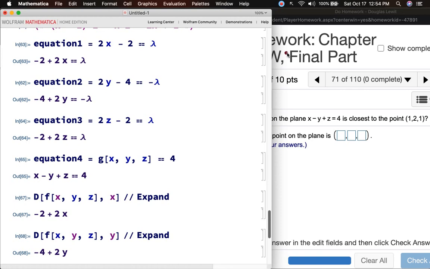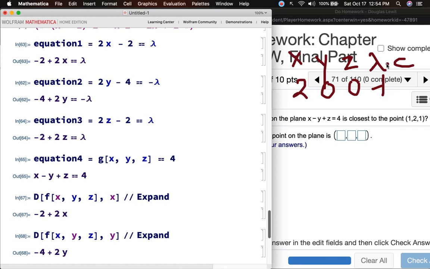Okay, so I have my X column, my Y column, my Z, my lambda, and my constant. Let's look at the first equation. I have 2 for X, no Y, no Z. I'm going to put lambda on the other side of the equal sign, so that's -1.